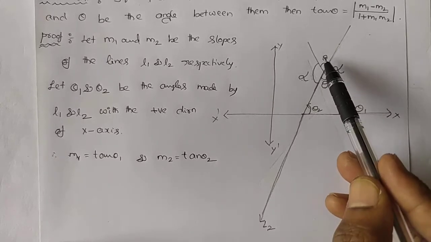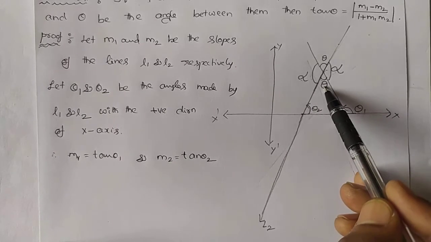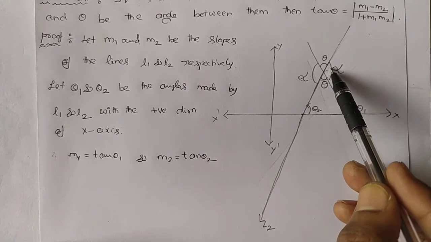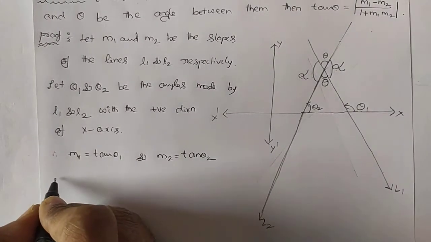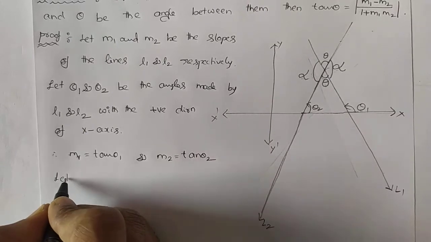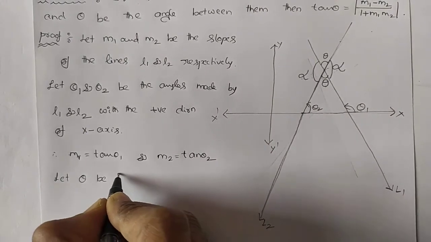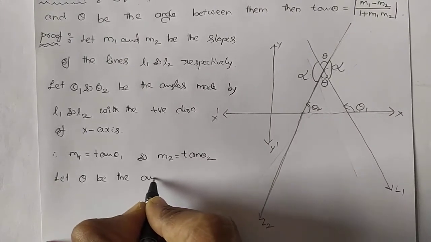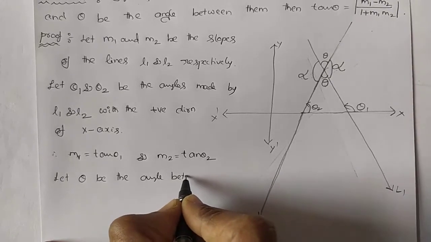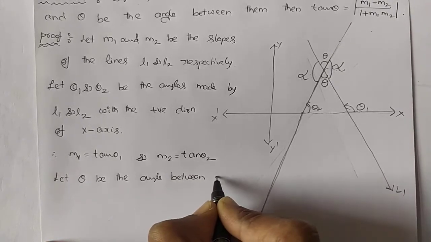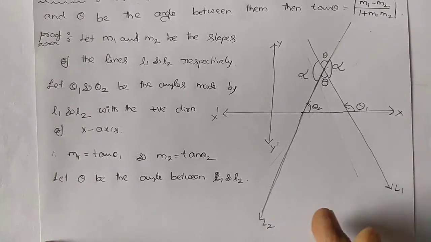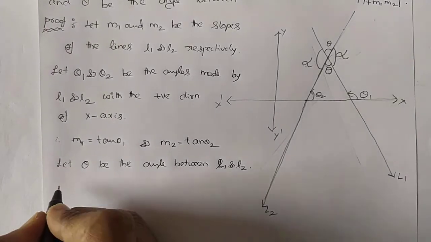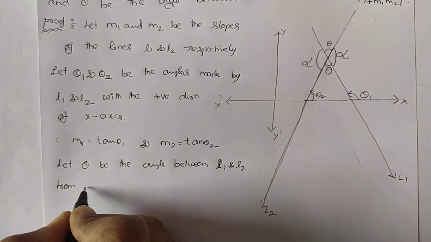Let us find out the angle theta. See, theta is the angle between the lines L1 and L2. From the figure, you just observe the figure.